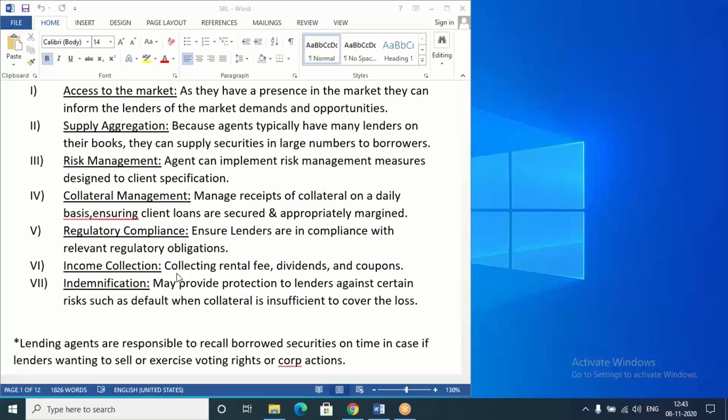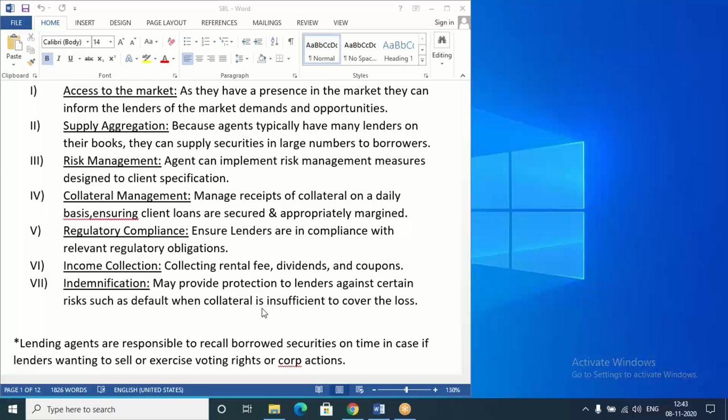Income collection: collecting the rental fee, dividends, coupons, etc. And indemnification: providing protection for the lenders against certain risks, such as default if the collateral is insufficient to cover the loss.